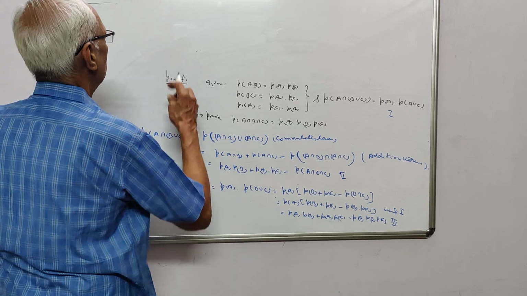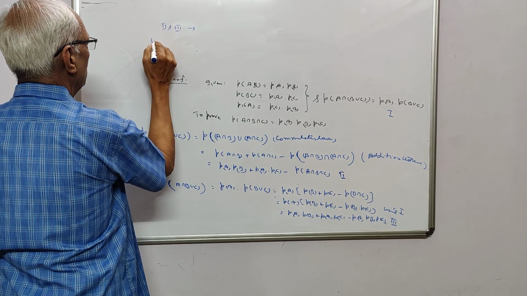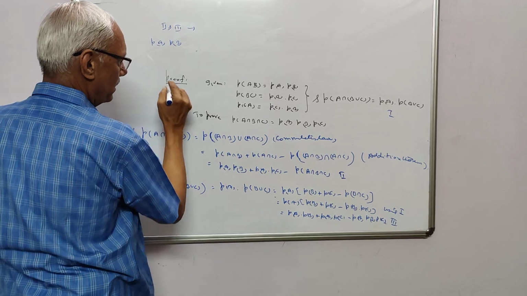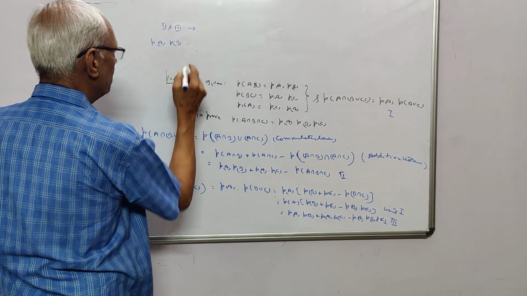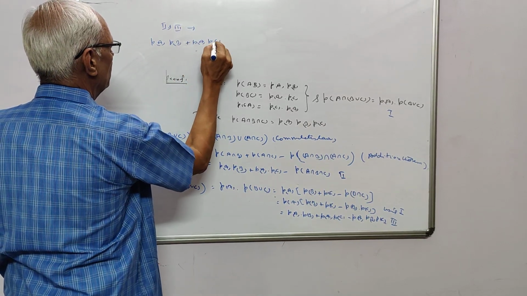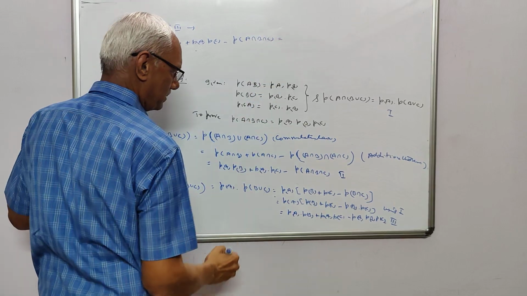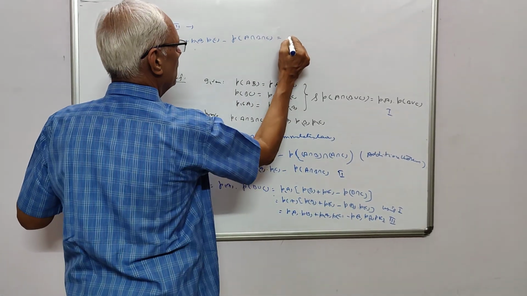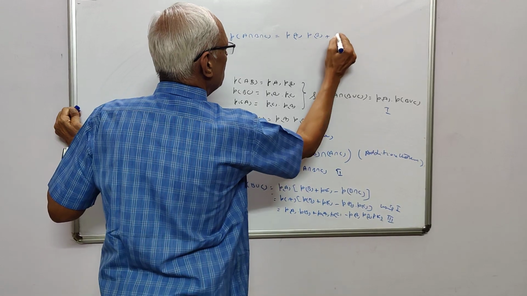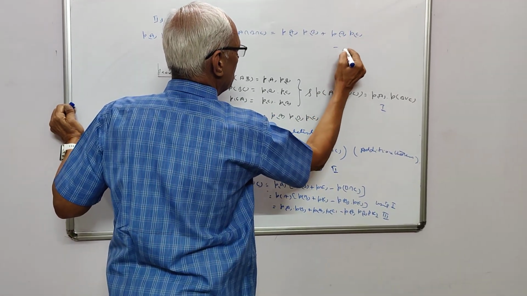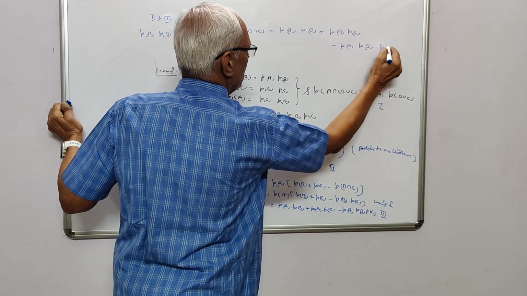From 2 and 3, P of A into P of B plus P of A into P of C minus P of A intersection B intersection C is equal to P of A into P of B plus P of A into P of C minus P of A into P of B into P of C.